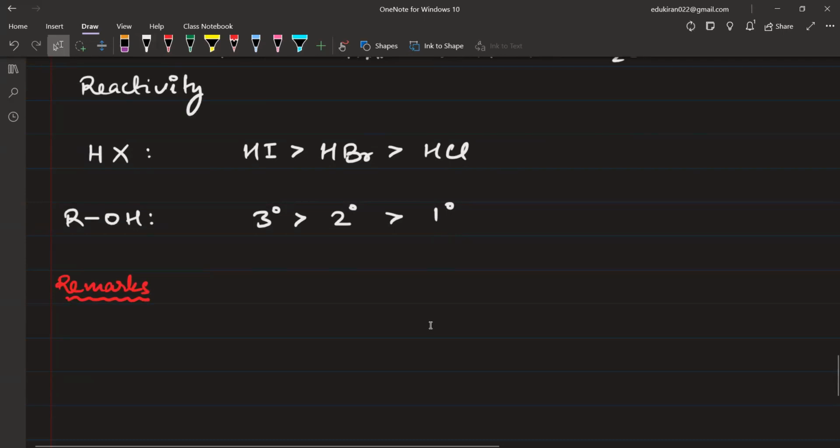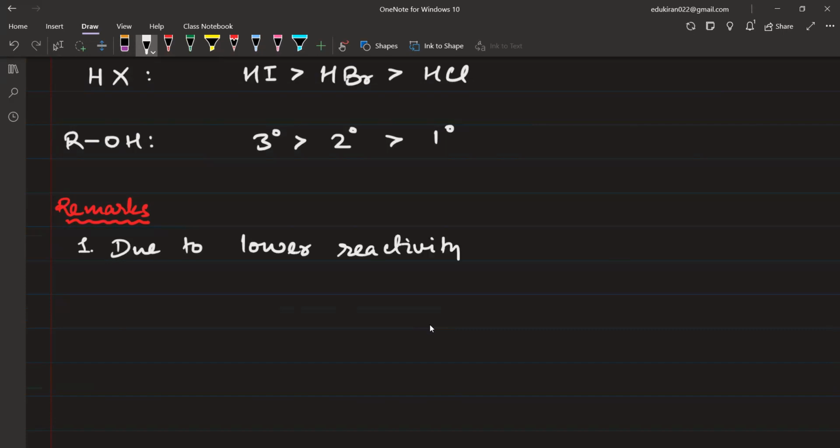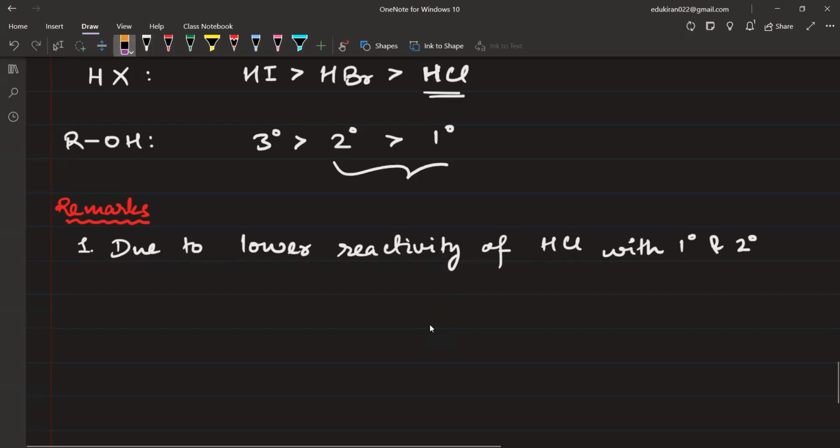Now, after this, write remarks. In remarks, write the first point: due to lower reactivity of HCl with 1 degree and 2 degree alcohol. See, HCl is very less reactive, and 1 degree, 2 degree alcohols are also very less reactive.